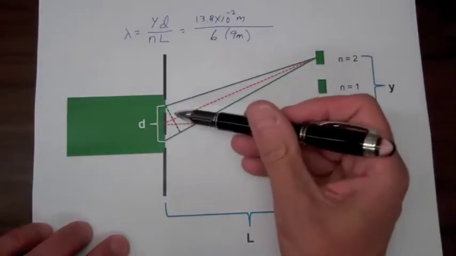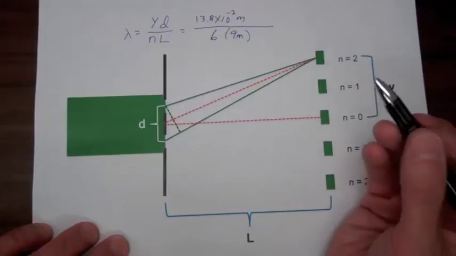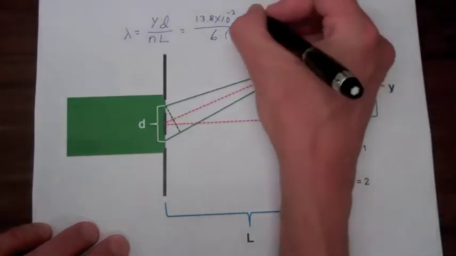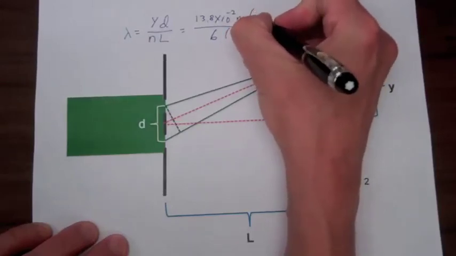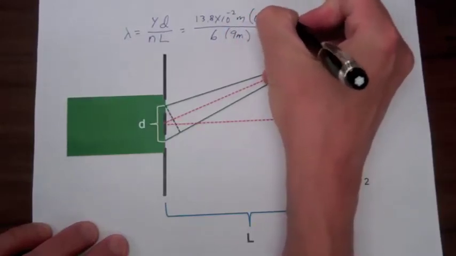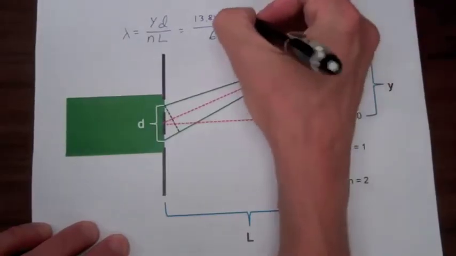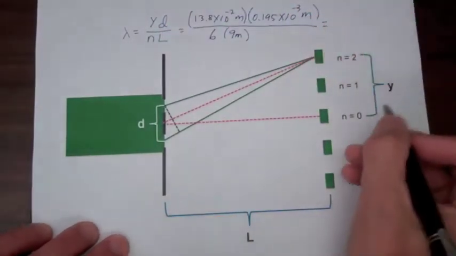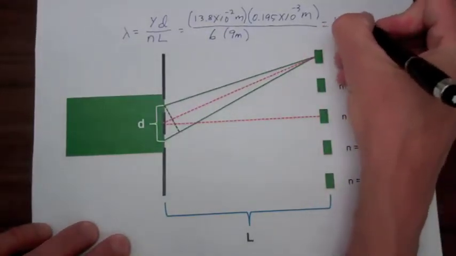And the thickness of the wire we were using across the aperture of our laser was 0.195 millimeters. So that gives us a wavelength of 498 nanometers.